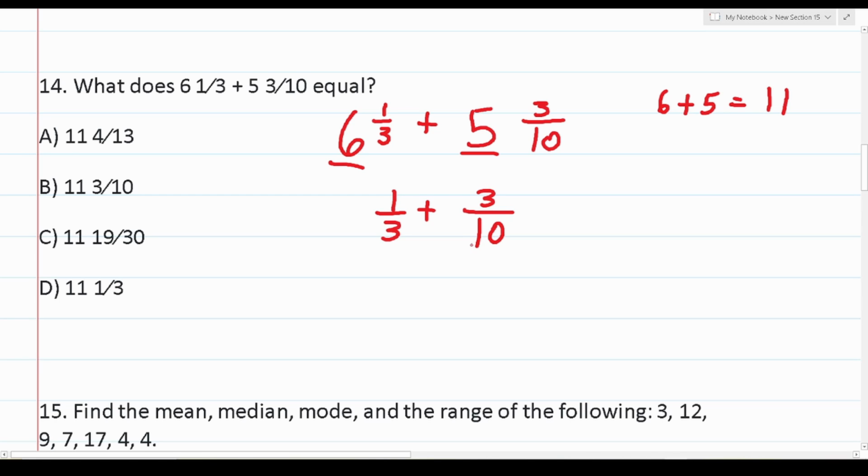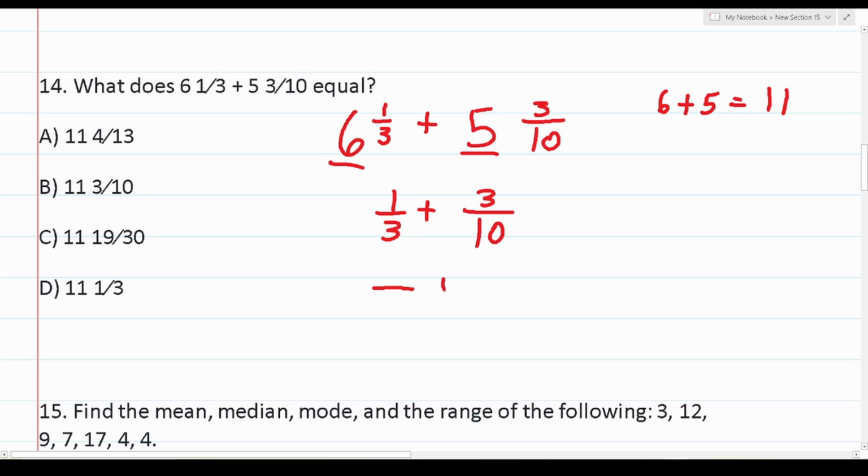In order to add fractions, the denominators have to be the same. And in this case, we have 1/3, the denominator of 3, and 3/10, denominator of 10. Since those denominators are different, we can't just add these right away. Instead, we have to rewrite them such that they have the same denominator.